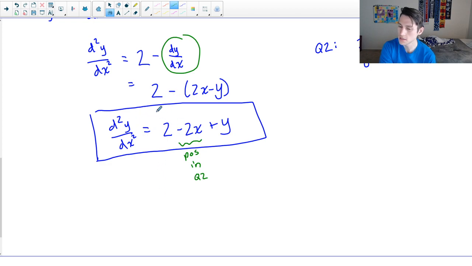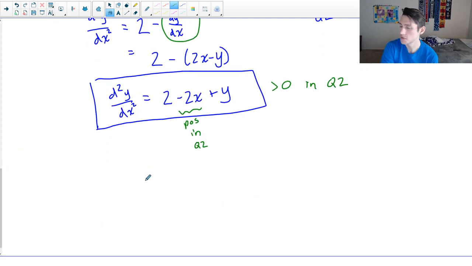Right, so actually this is like 2 plus some positive number. Okay, well 2 plus a positive number is going to stay positive. And then plus y, but we also know that y is positive. So all 3 of these terms will be positive, which means that this second derivative is always going to be positive in quadrant 2.